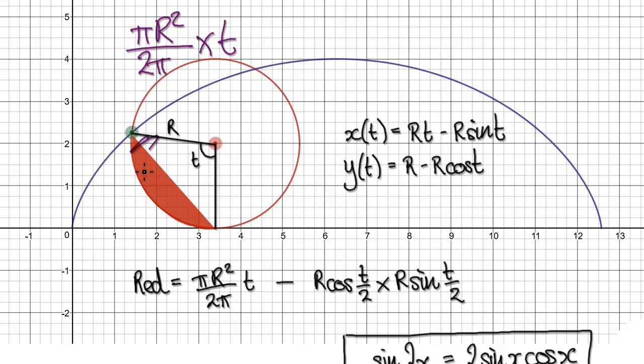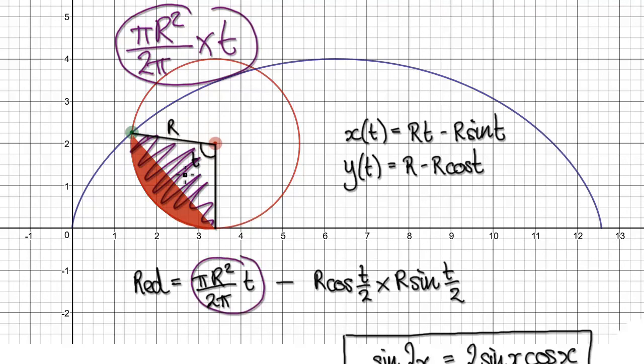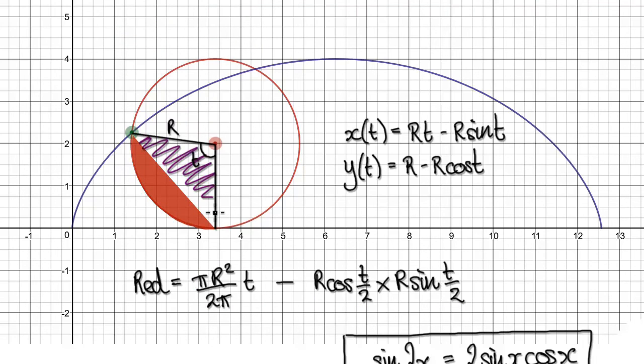So this whole thing here is given by this, but then we've got to take away the triangle. Well, the area of this triangle here is given by this. If you were to draw a straight line here, this will be your right angle here, and this angle here is t over 2.